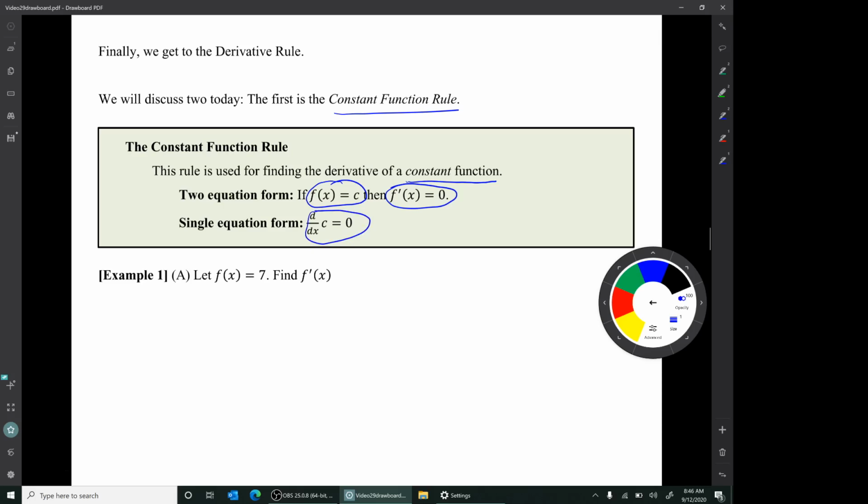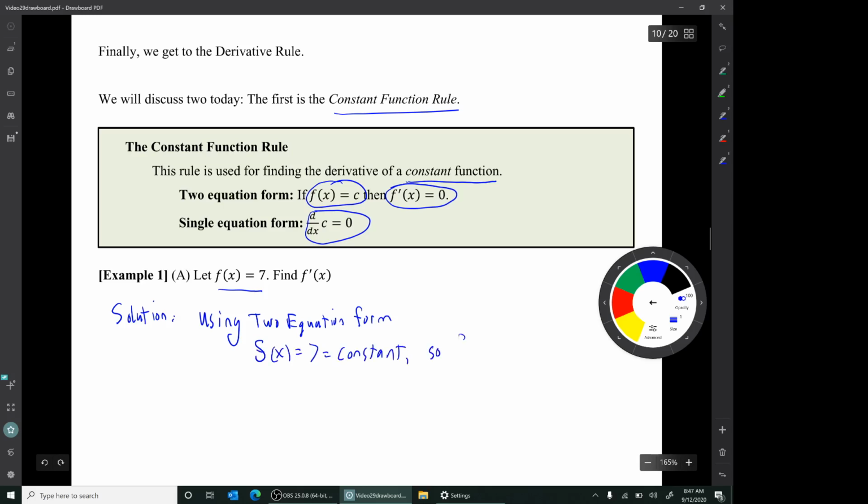So let's do an example. Let's let f of x equal 7 and find f prime of x. Well, let's use the two equation form. Using the two equation form, we just write down that f prime of x equals 0. Now let's use the single equation form.